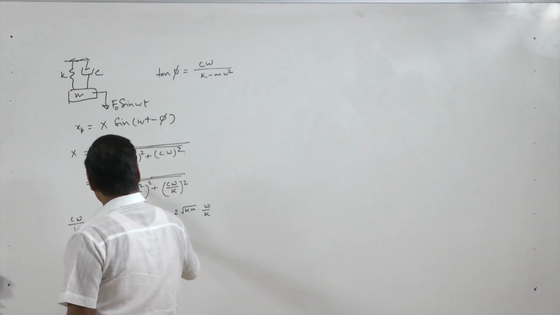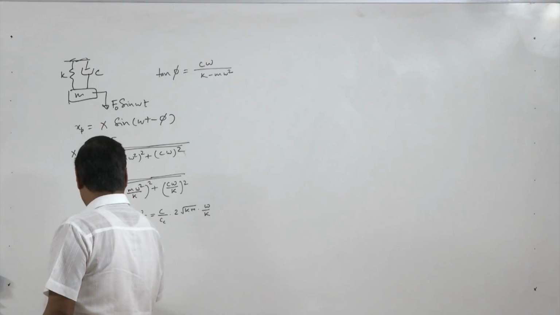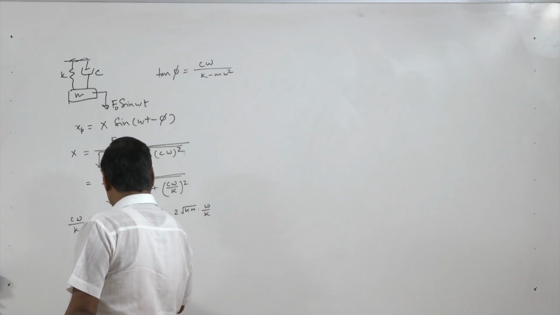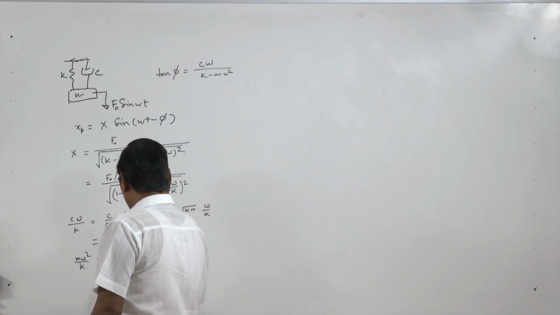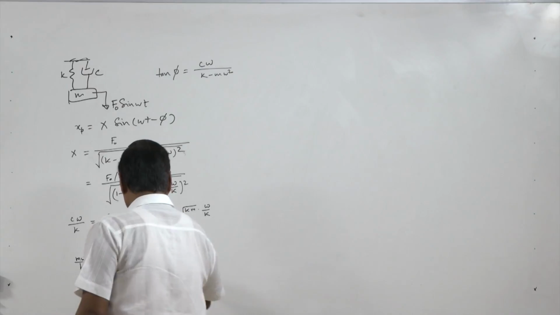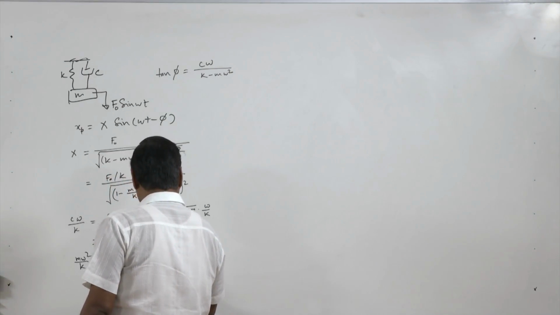Similarly, this term m omega square by k can be written as omega square by k by m, and k by m is nothing but omega n square. So we can write omega square by omega n square.